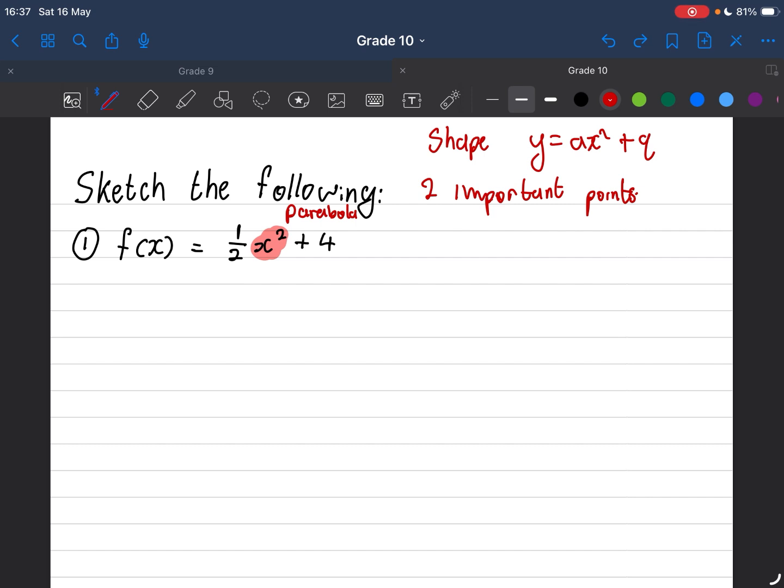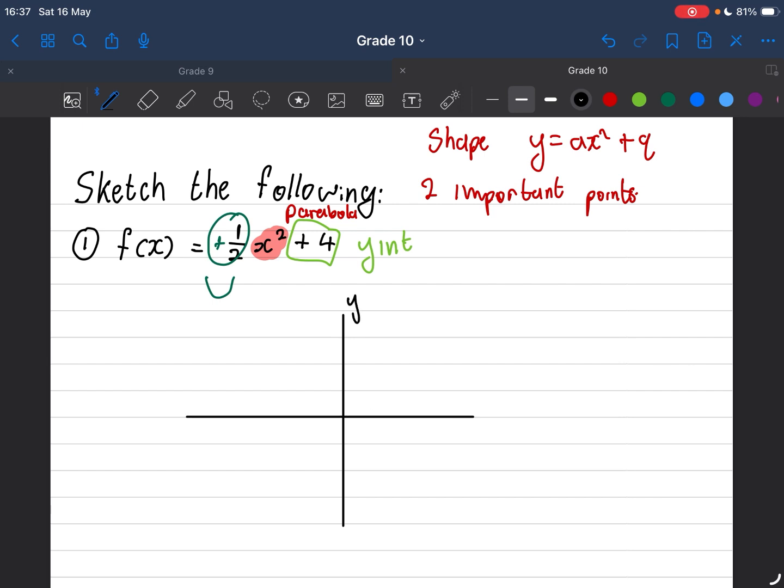So let's begin with this one here. From this, we have our value of plus 4 for q. This indicates a y-intercept of 4. And we have a positive a value, which indicates a happy face. To sketch this graph, I need a Cartesian plane, so let's draw one right here.